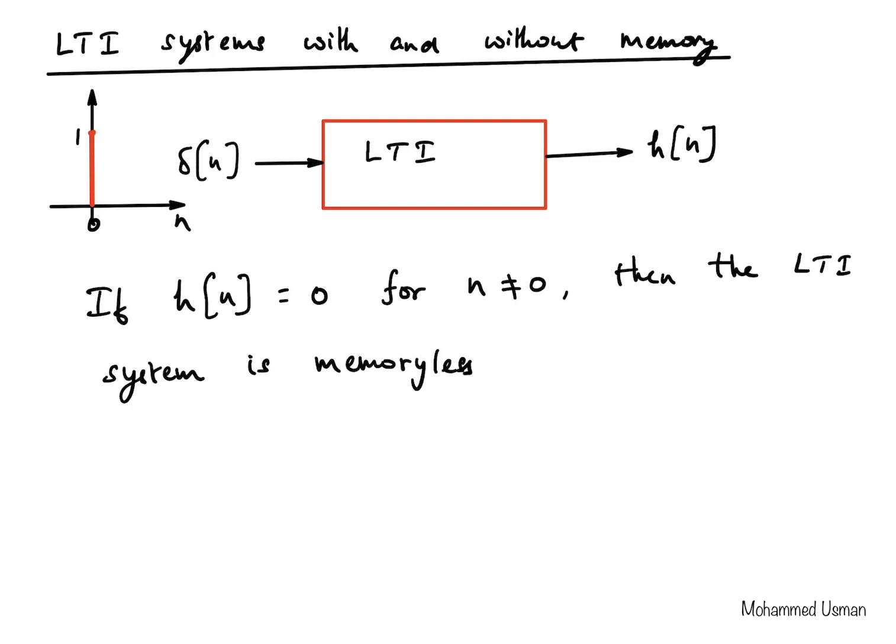So the impulse response h of n is equal to some scaling factor k times the delta function delta of n. The output of the system when the input is an impulse is just a scaled version of the impulse. Instead of having an amplitude of 1, the height will be scaled by some factor k, and that k denotes the value of h of n when n equals 0.